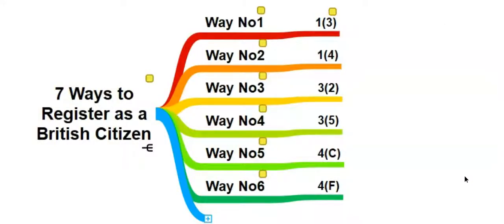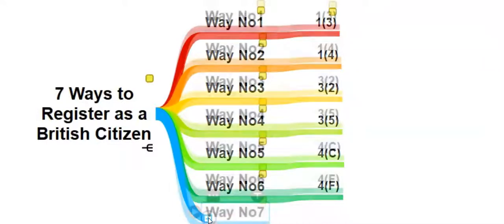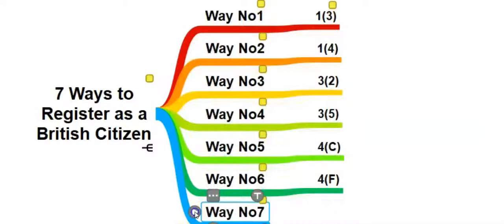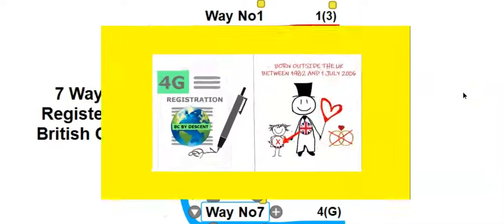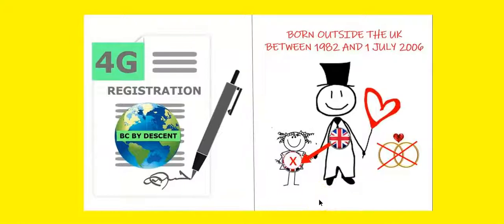And the requirements for this particular section will normally be satisfied if they can prove that they would have become British citizens automatically under the Act had their parents been married. And the last way to register as a British citizen, which I wanted to discuss in this video, is under Section 4G. This particular section applies to those who are in exactly the same situation as our Joseph was in example number 6, but those who were born outside the UK.